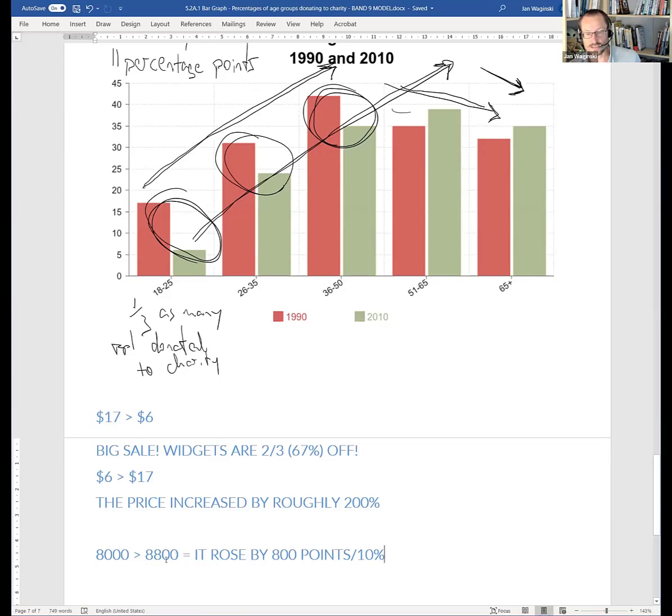It's a combination of many different things that determines that number. But they always say 800 points. Just like here, percentage points is just the raw percentage difference. Let's say 17% down to 6%, that's 11 percentage points.